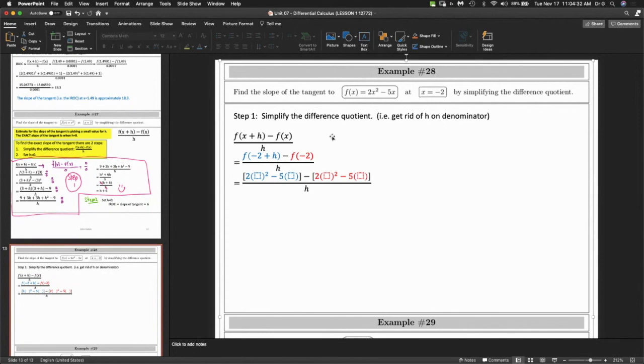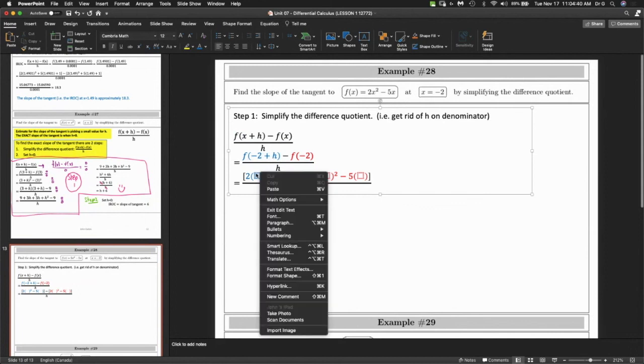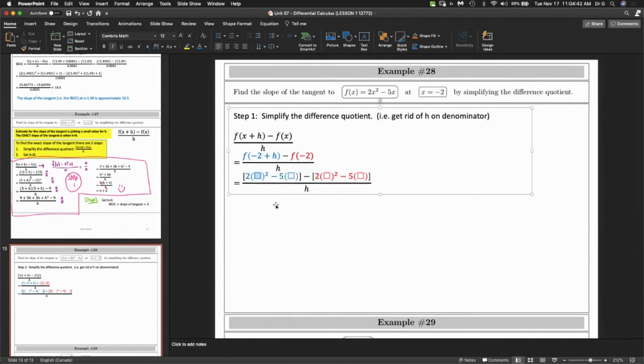And instead of having x, for the first one, we substitute negative 2 plus h. So negative 2 plus h. And again here, negative 2 plus h. Whereas the other one, the value of x is negative 2. We just plug in negative 2.